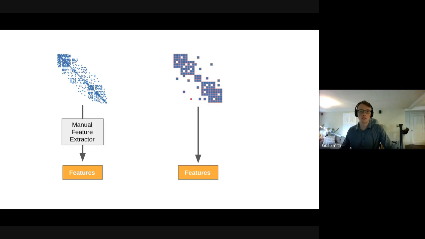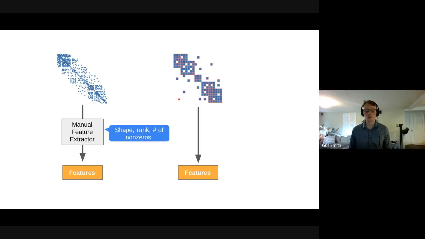The first is the most straightforward: a manual feature extractor. Given a sparse tensor, we have a bit of code that extracts some high-level information, like the shape, the rank of the tensor, and the number of non-zeros. It's really straightforward information that can be extracted.